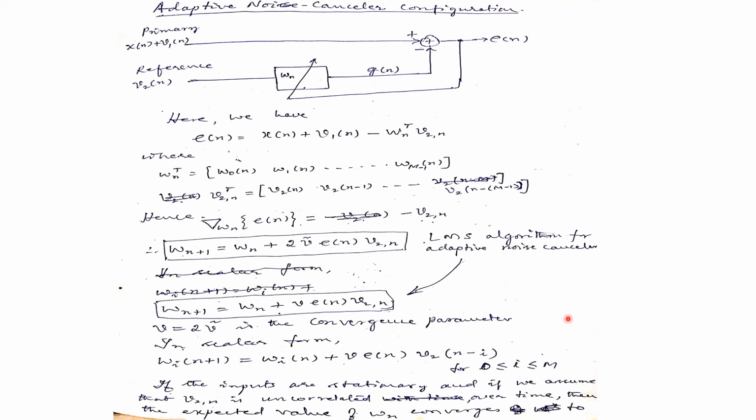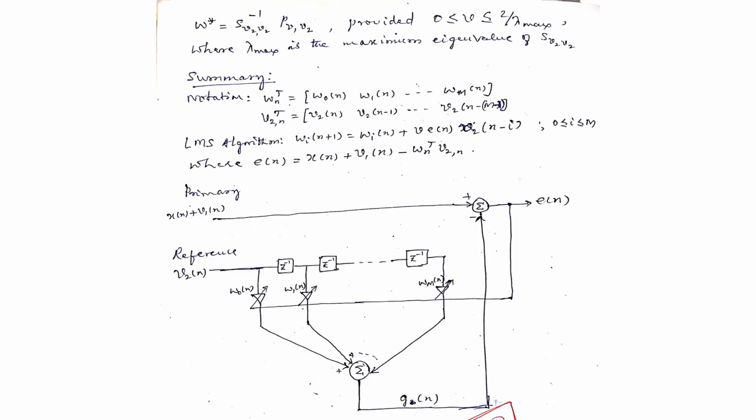As in earlier cases, this value matches the optimum values that you obtain in the predictor configurations if the value of V is selected between 0 and 2 by lambda max, where lambda max is the largest eigenvalue that exists in the autocorrelation Sv2v2.